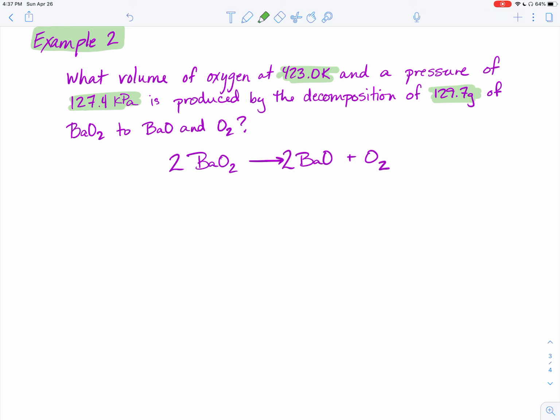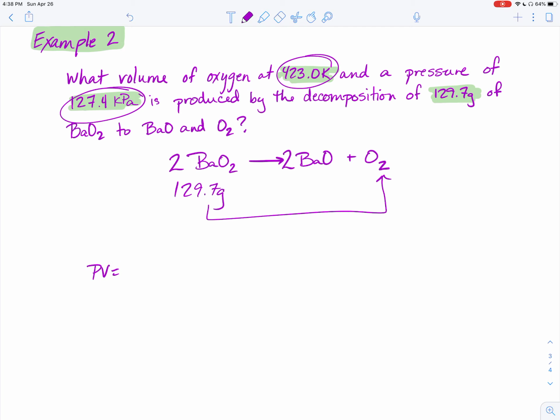That chemical reaction is written here. Essentially, if we have 129.7 grams of this, what volume of oxygen will be produced at this temperature and pressure? There are a couple of ways to do this, and I think the easiest is to use the ideal gas law.